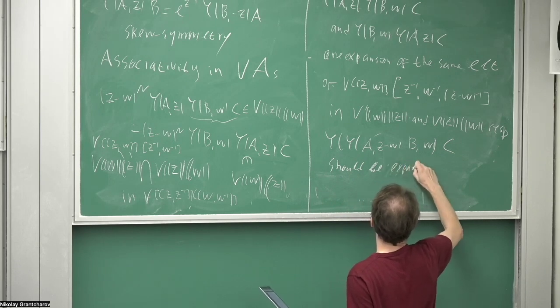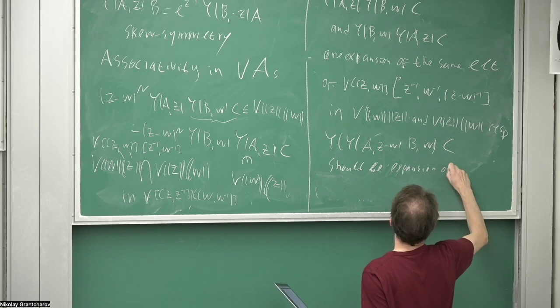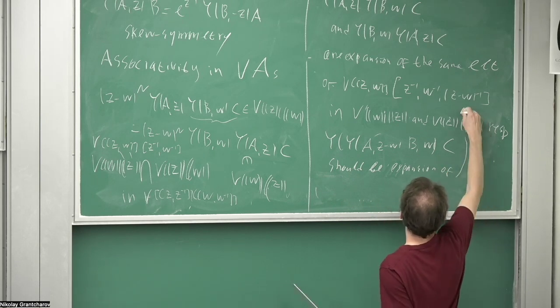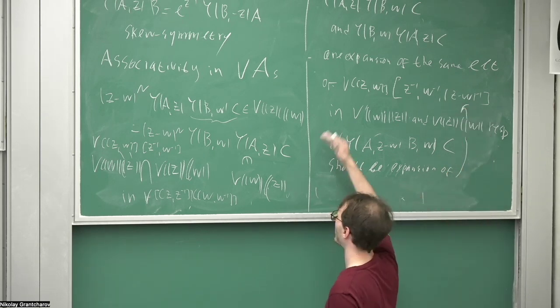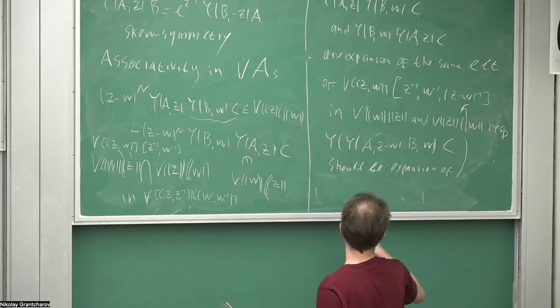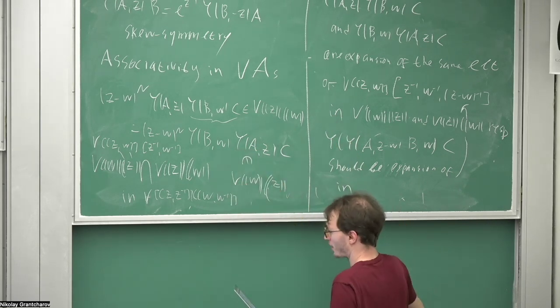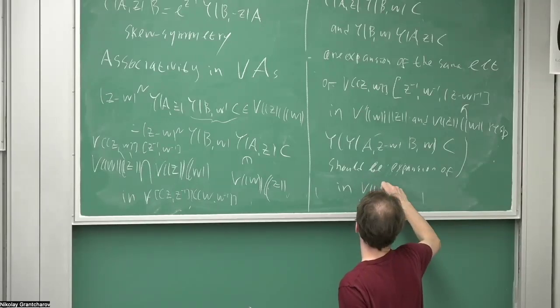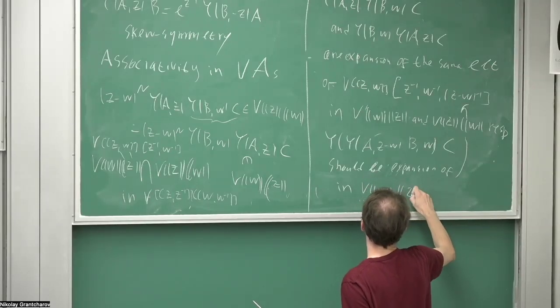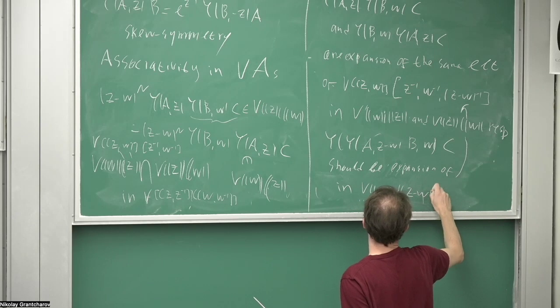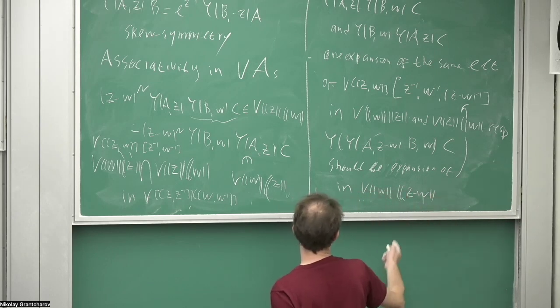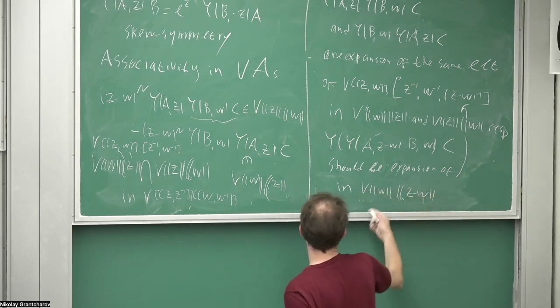So this element should be an expansion of the element that I get just by the locality property, in the ring where it lives. It lives in a space with bounded powers of z minus w from below and unbounded powers of w.